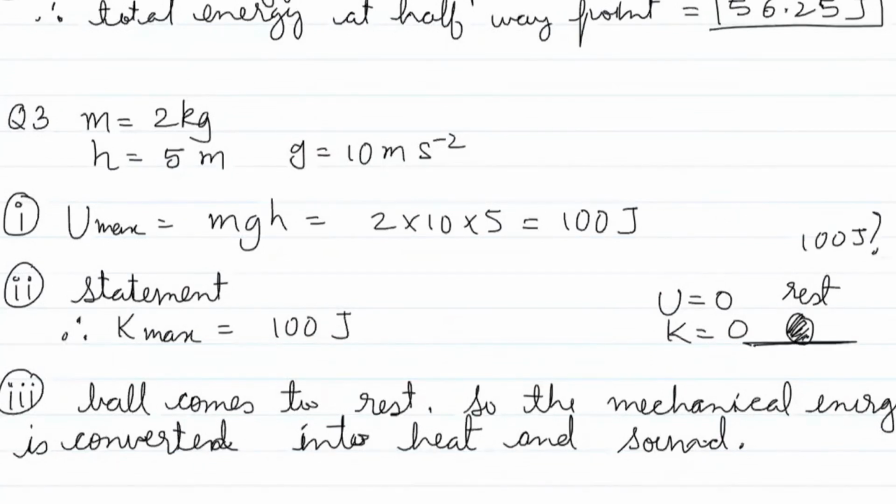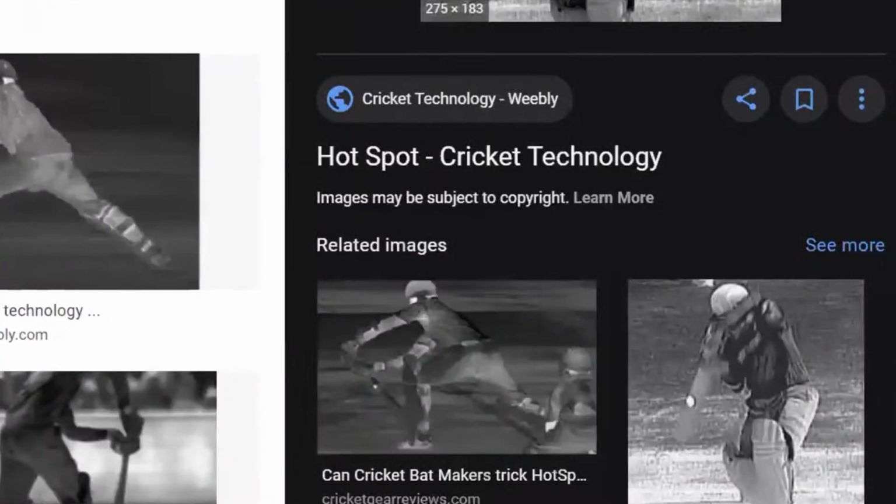When the ball hits the ground, you hear the sound, so that is sound energy, and also with the collision of the ball with the ground, some energy is dissipated in the form of heat. You must also have seen that sometimes a ball hitting a body leaves a mark. So heat is given out. And of course, the ball hitting the bat makes a sound, so some part of the energy is also converted into sound.